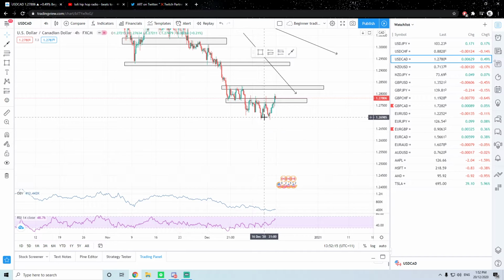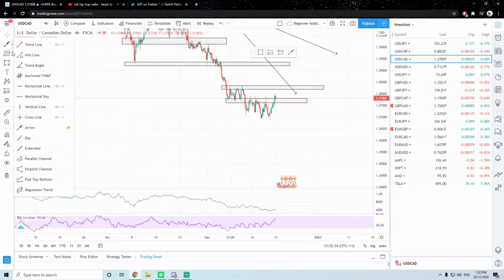So we can see that between here and here it was setting lower lows on the actual chart, but over here, between this point and this point, we can see on this RSI here it was setting a higher low, and that's a bit of divergence occurring.